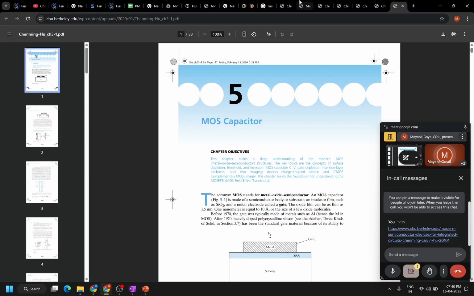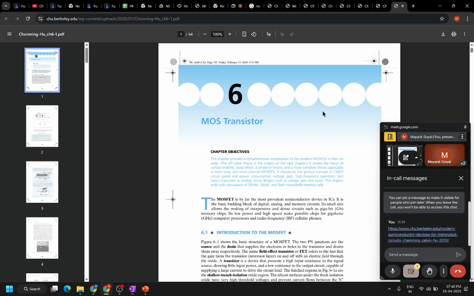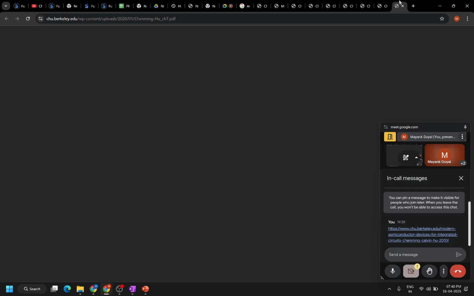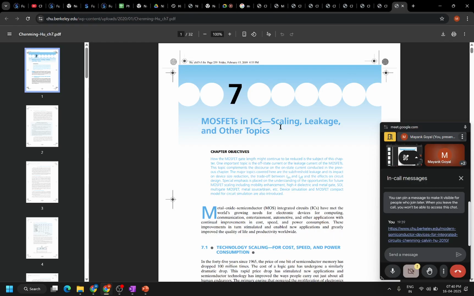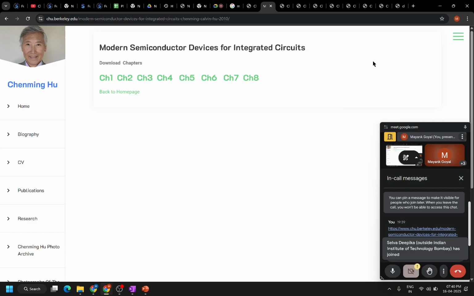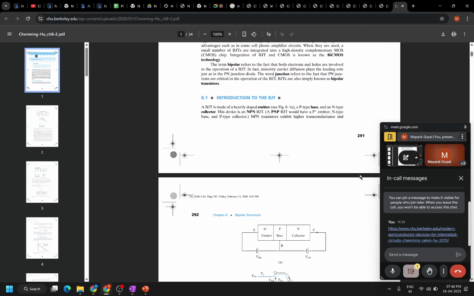Then this is the MOS capacitor. Then transistor MOSFETs. Then scaling and short channel effects you will see here. And this is the bipolar transistor, BJTs.